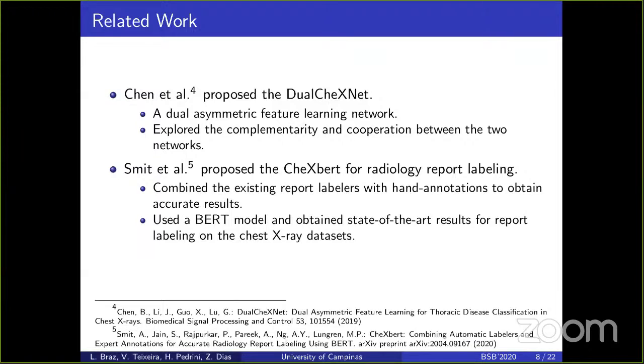And they explored the cooperation between the two distinct and asymmetric networks to learn in a complementary way. And Smit and others proposed the CheXbert for radiology report labeling, and they connect the existing report labeler with radiologist annotations to obtain accurate results, and used a BERT module to obtain state-of-the-art results for report labeling on the ChestX-ray dataset.